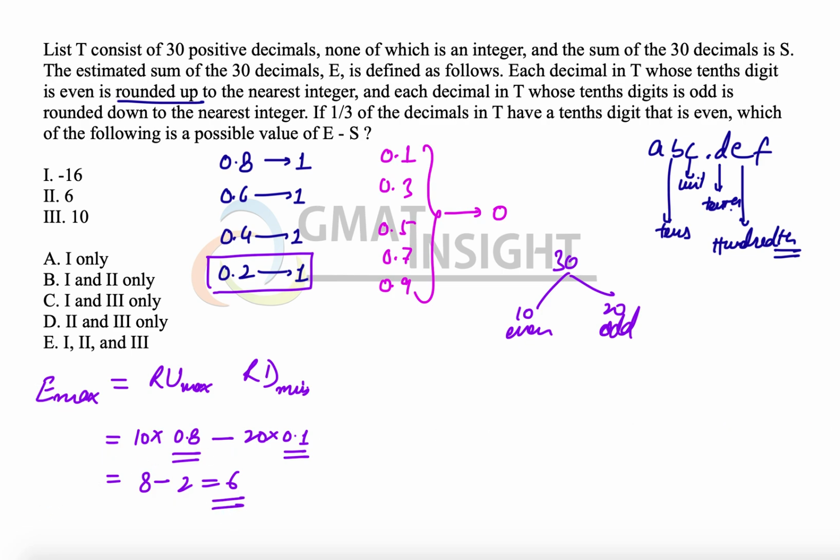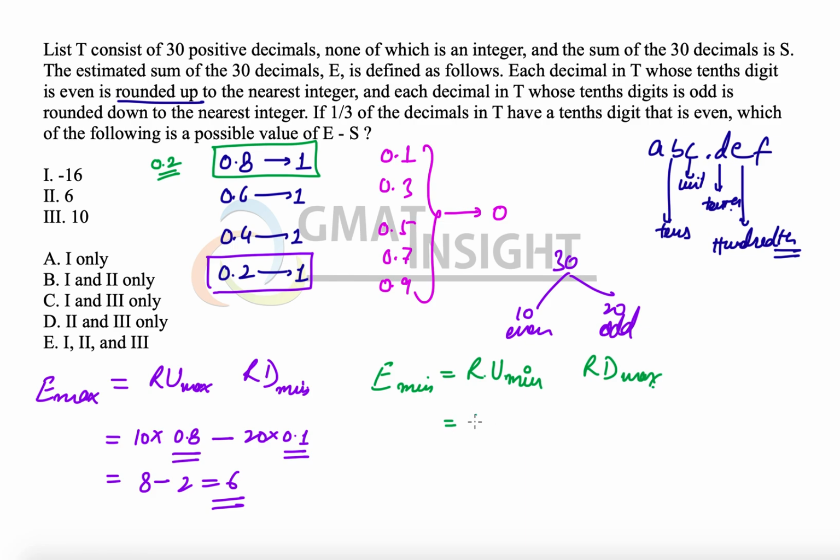Now let's also quickly calculate E minimum, that means estimated value minimum. For the minimum estimated value, the rounding up should be minimized and rounding down should be maximized. So round up is minimum. Round up minimum can be seen in 0.8, because when we have 10th digit 0.8, we gain only 0.2 in rounding up.